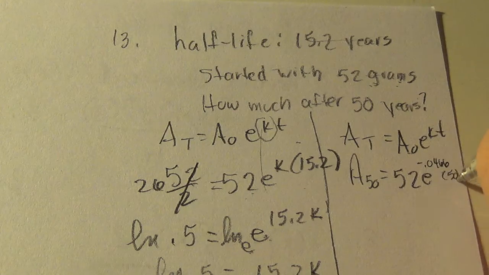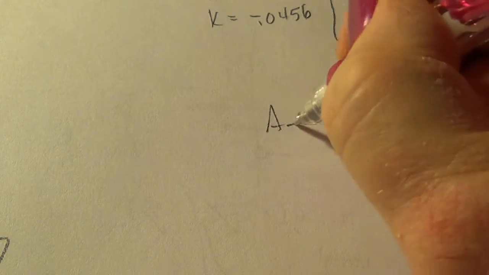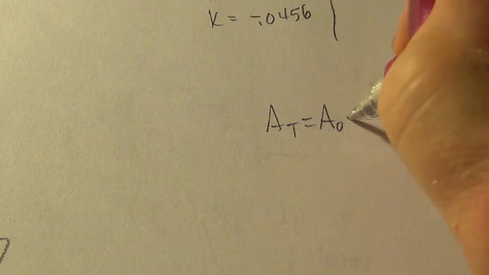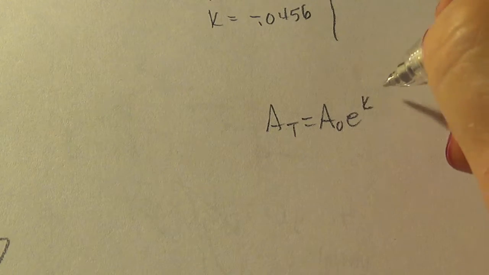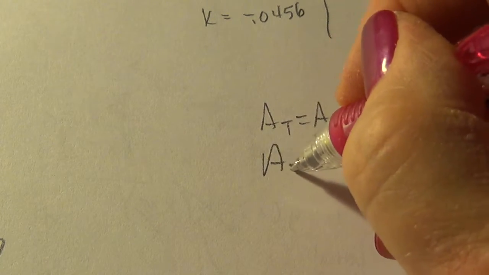Sorry, run out of room there. Let me write it down here where there's a little more space. So we have A sub t equals A sub 0 e to the k, which we know now. We're looking for the amount in 50 years.